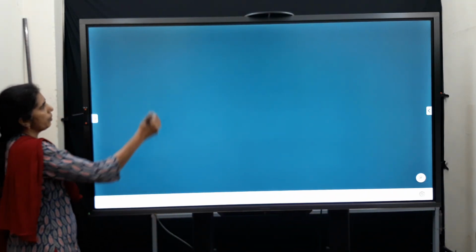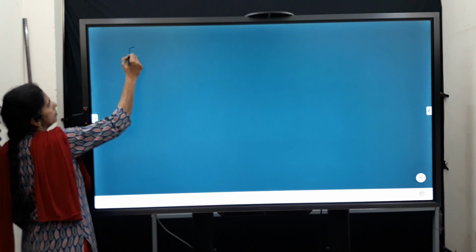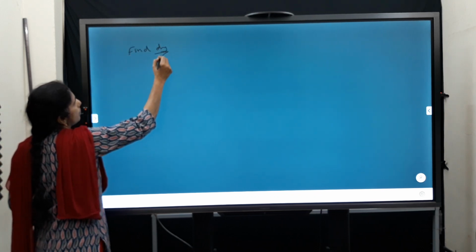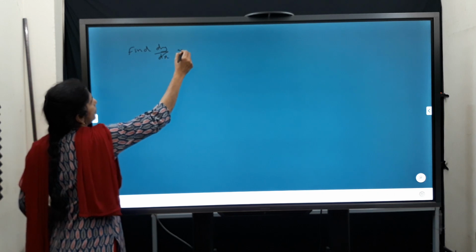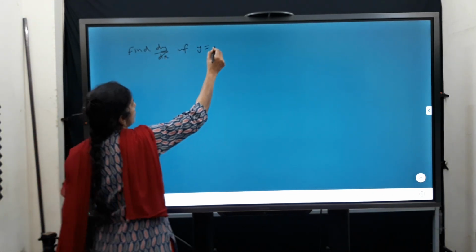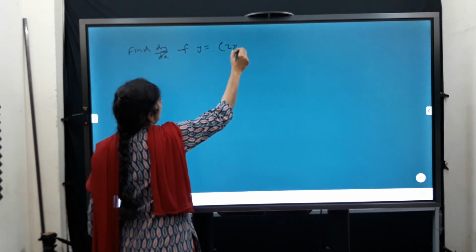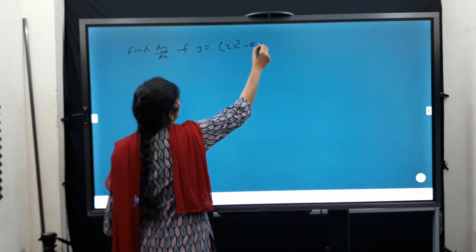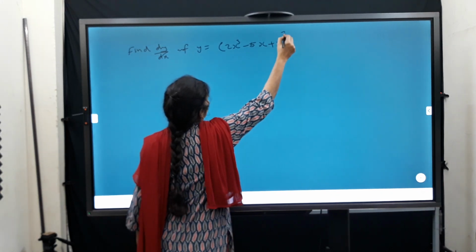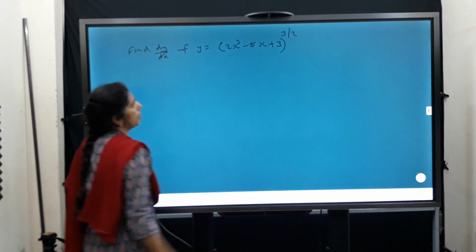Let us take one more example. Find dy by dx if y equals 2x cube minus 5x plus 3 raised to 3 by 2.